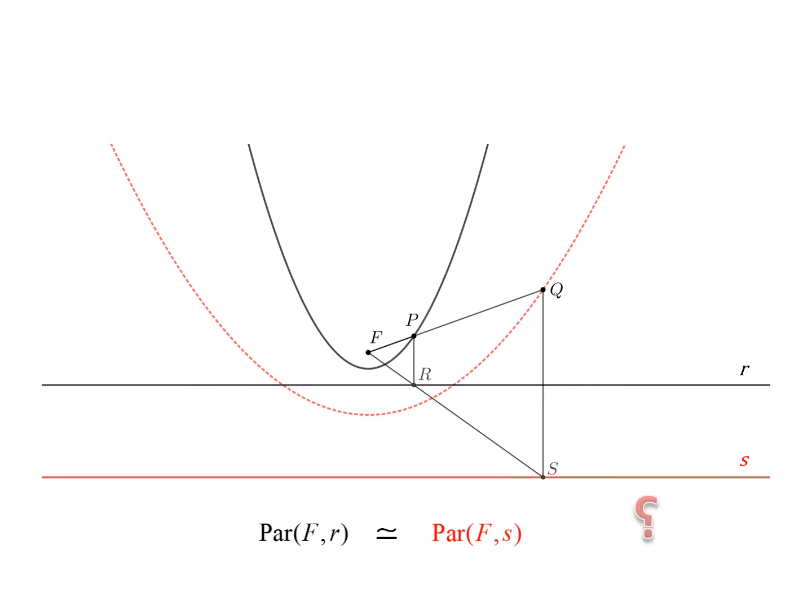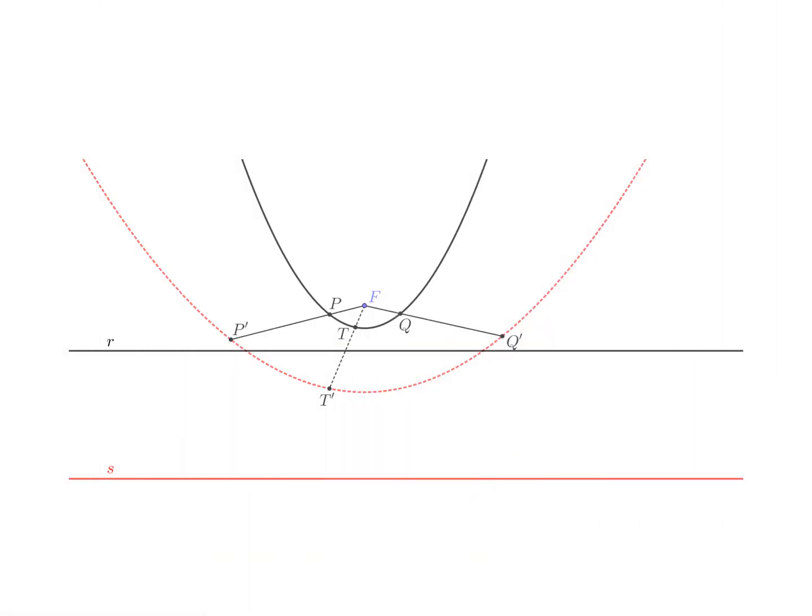Still, they don't look very similar. Taking another perspective, things become clear. The points P and Q are on the black parabola. Scaling from F with factor k transforms P to the point P' on the red parabola and Q to Q', also on the red parabola. Also, some arbitrary point T between P and Q is transformed to the point T' between P' and Q'.